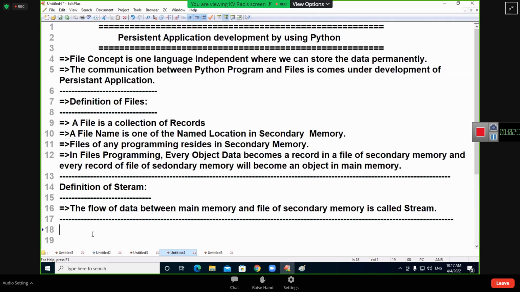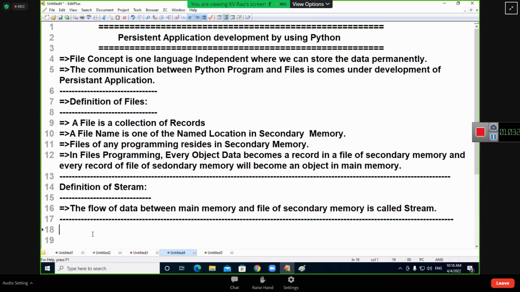What is the first approach? Files and database software. What is the use of files? To store the data permanently. Where do files reside? Secondary memory. What is the file name? A named location in secondary memory. Objects reside in main memory. Files reside in secondary memory. The flow between file and object, between main memory and secondary memory, is called what?